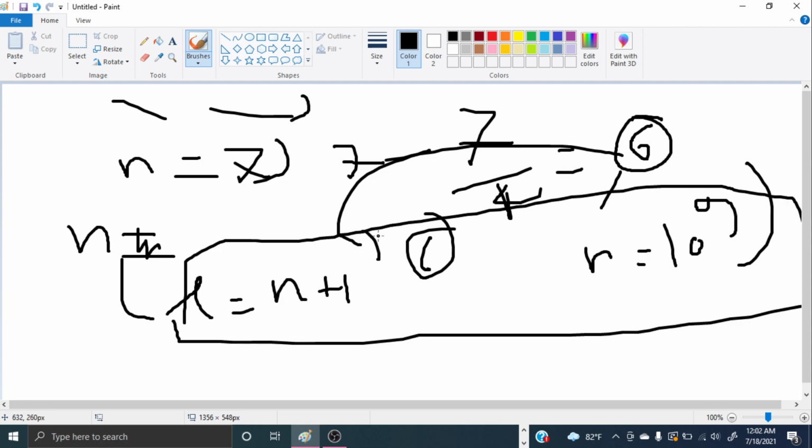Now I'm considering each and every possible n that I'm going to make, each and every possible total stages.